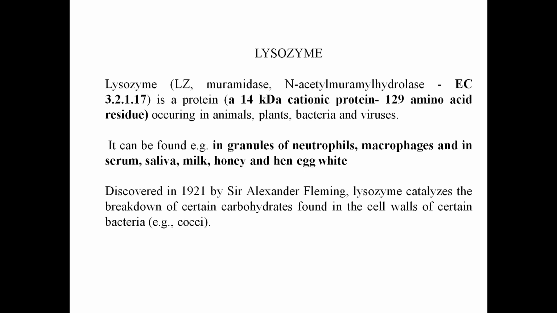This enzyme was discovered by the Scottish physician and microbiologist Sir Alexander Fleming in 1921. This enzyme catalyzes the breakdown of the peptidoglycan layer found in the bacterial cell wall.